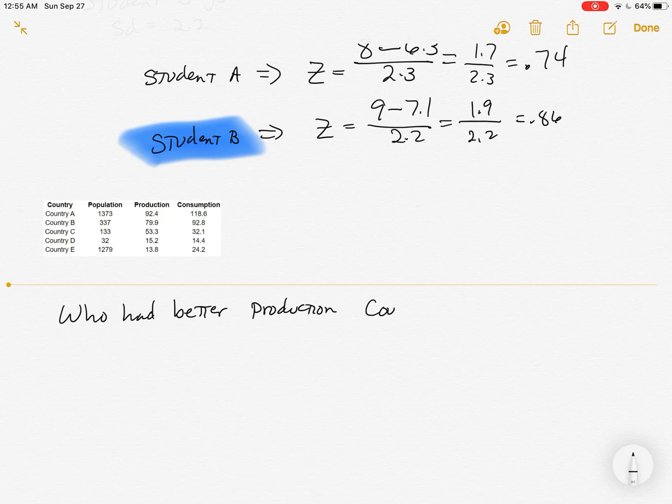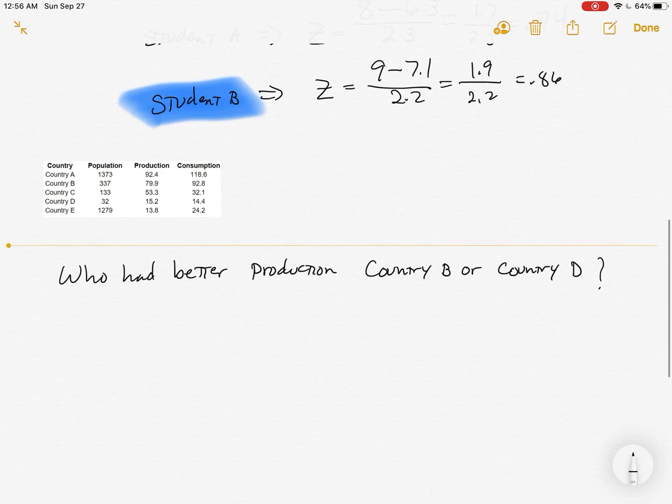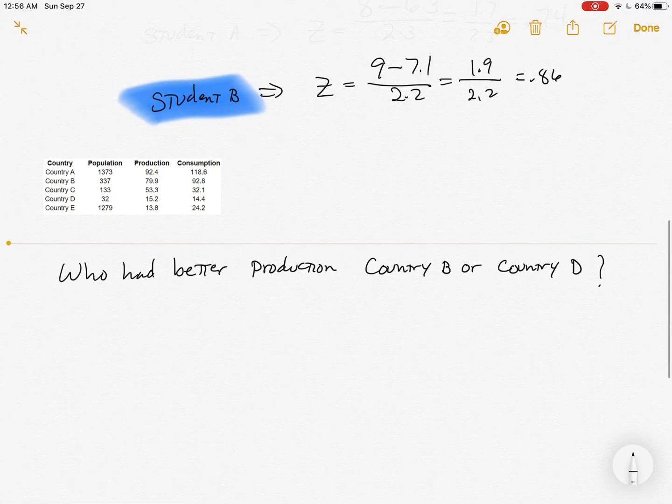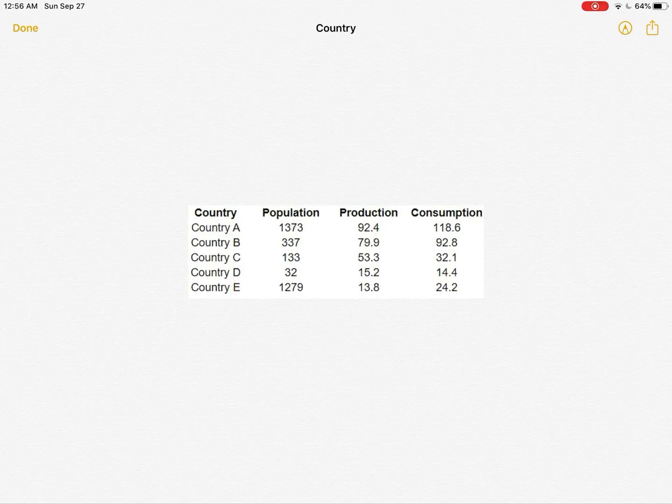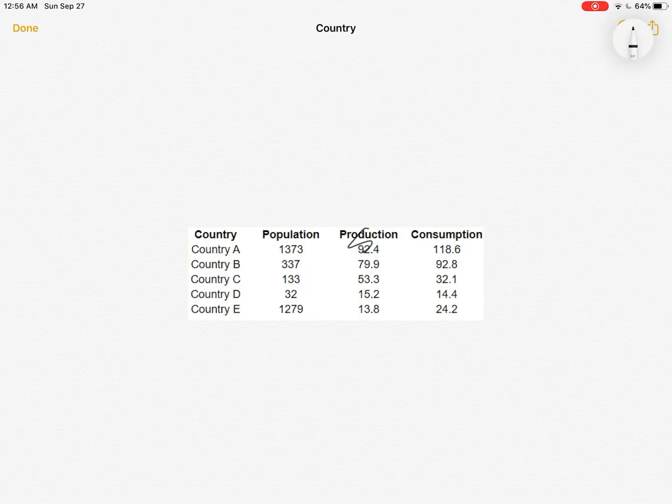Country B or country D? They'll just pick two countries. And they'll pick either production, population, consumption. They use this a lot, this kind of graph. Now the numbers changed, but this is what we would have. And so we have this production that we're looking at. So we're totally focused on the production element right here.